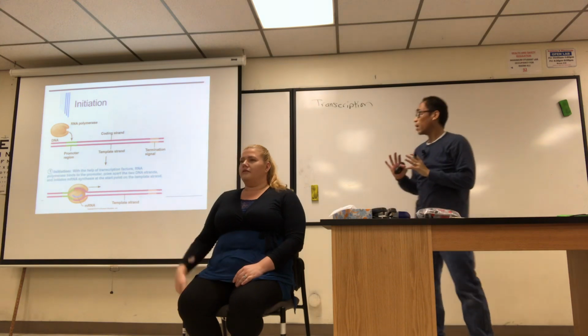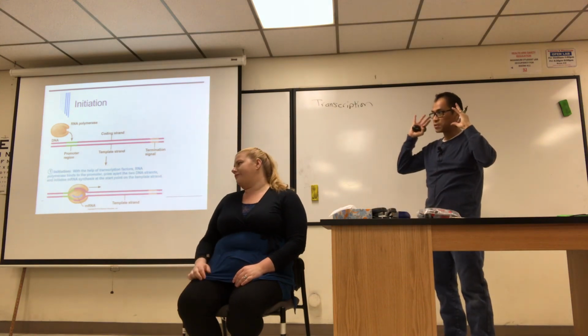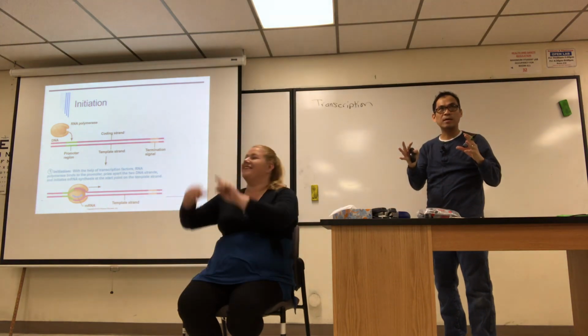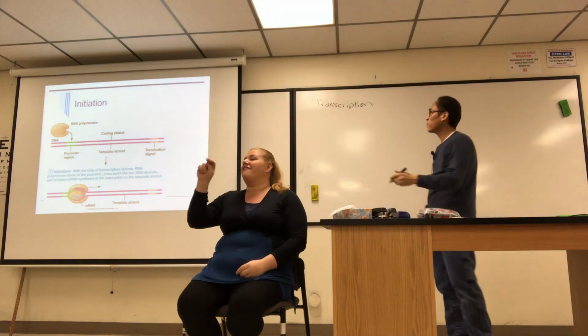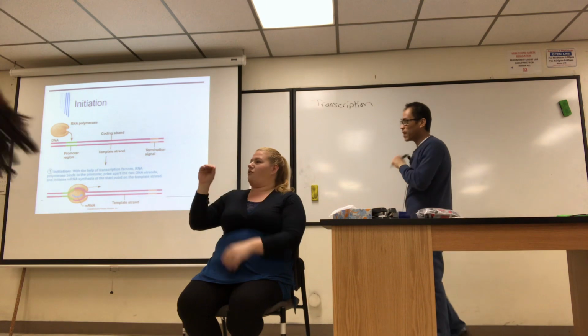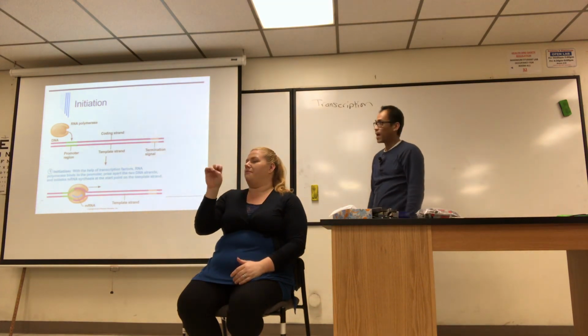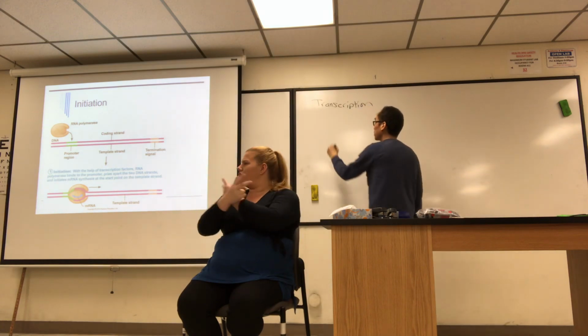Just think, why am I showing this to you? The goal is to make mRNA, right? Because that will have the code. And it starts with the enzyme, the RNA polymerase. It binds the gene at a region called the promoter region.